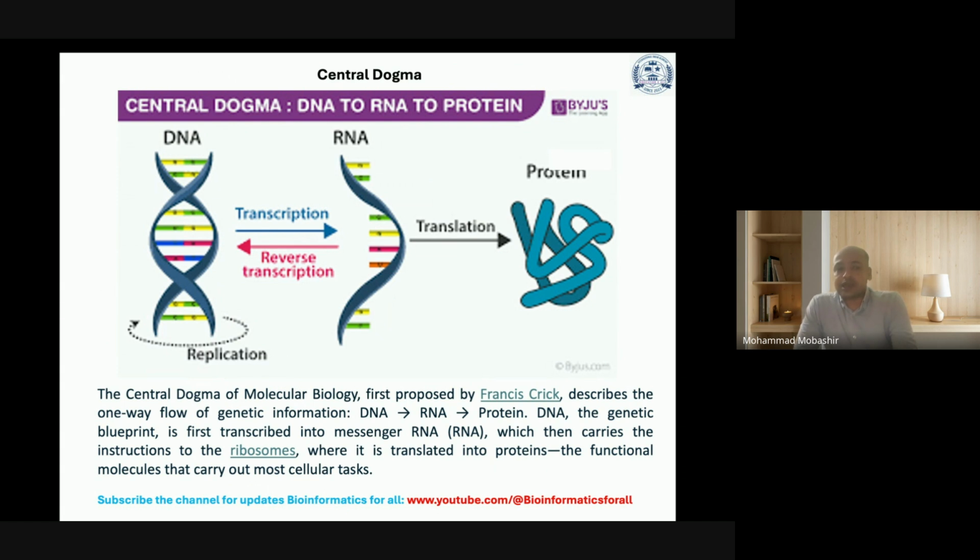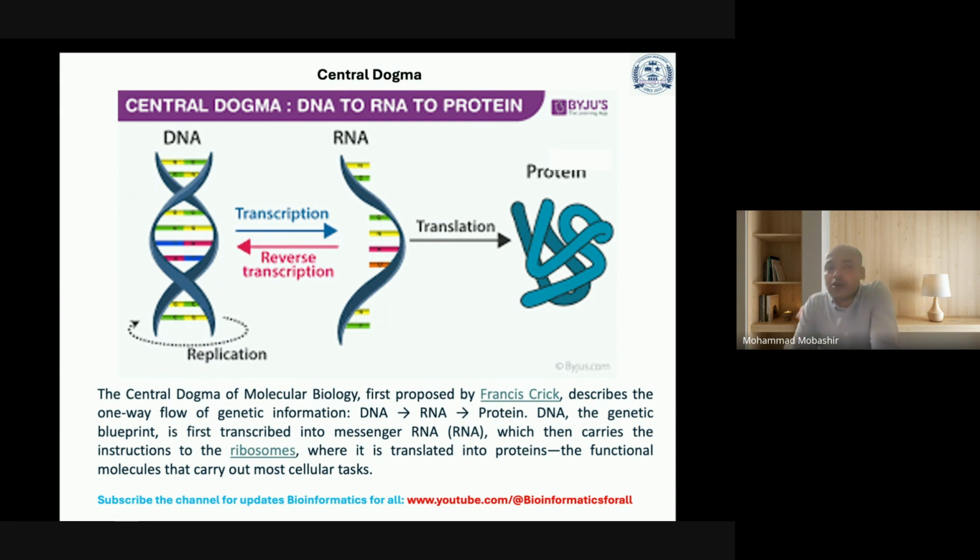The replication you can see here clearly, this is the self arrow, and this is transcription, the blue arrow, and the red arrow is showing the reverse transcription, that means RNA to DNA. And then RNA to protein, here you can see with the black arrow, that is translation.